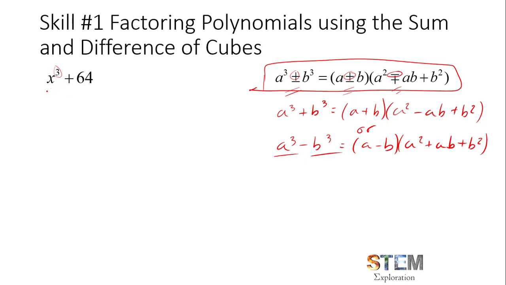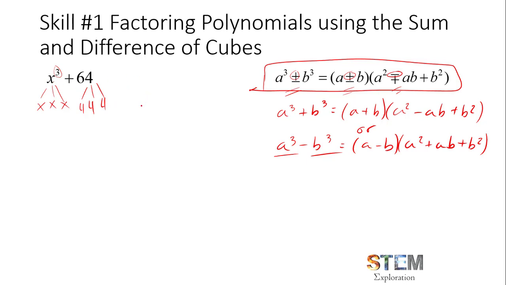If it's the sixth power, the same thing will apply. Can I split this into three equal products? Yes, I can get x times x times x, and the same thing I can do with 64: 4 times 4 times 4. 4 times 4 is 16, times 4 is 64. So I can take a cube root of both of these and get a specific value.